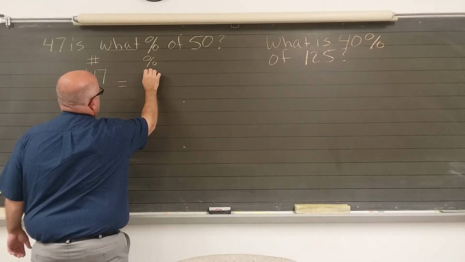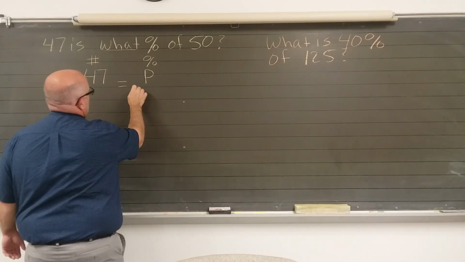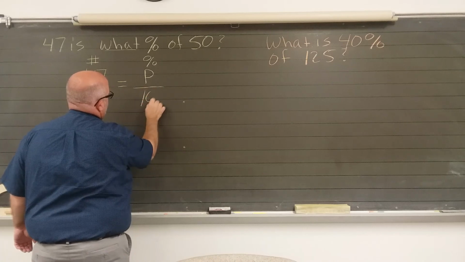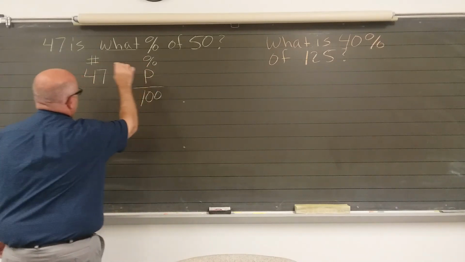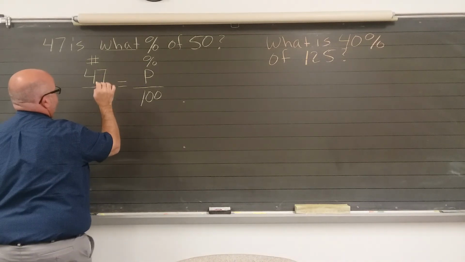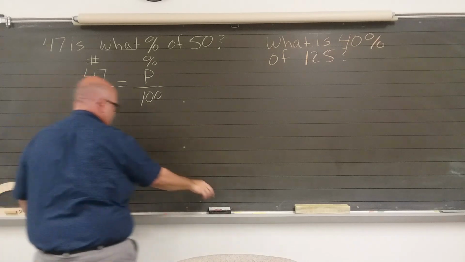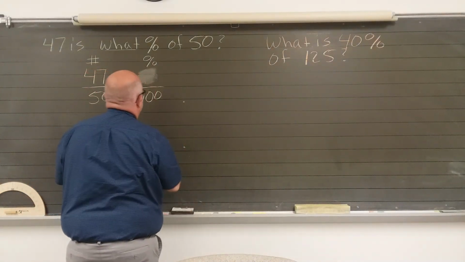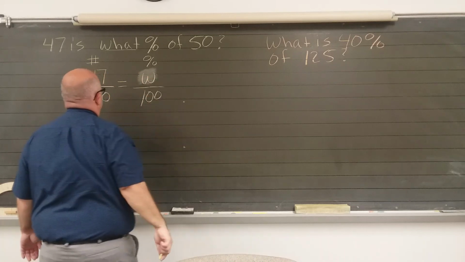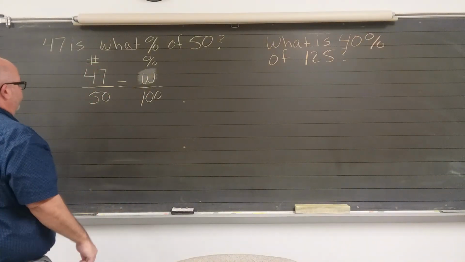So that's your missing number. P, percent, is your missing number, and that's always over 100, right? Let's just do this the same for both of them. The what is your missing number, so let's make a W. All right? And then solve the proportion.